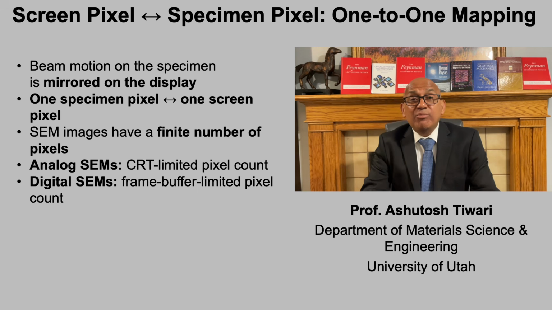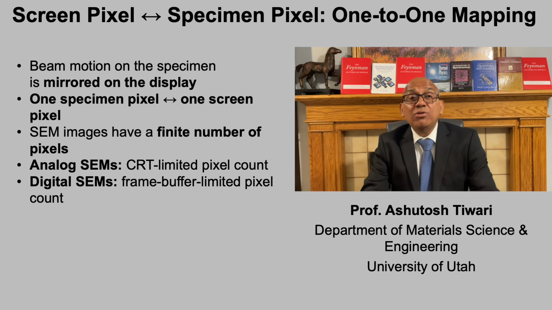An important point is that SEM images always contain a finite number of pixels. In early analog SEMs, the amplified detector signal was displayed on a cathode ray tube, or CRT. The smallest spot that could be formed on the CRT limited the image to roughly 1,000 pixels in each direction.